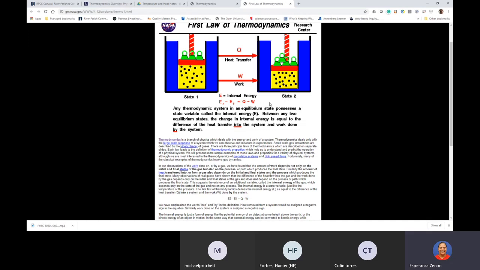You put in Q, you get out W. If they were the same, if all of the Q you put in got converted to W, then you would have a perfect system, meaning you wouldn't lose anything. You would have a 100% efficient system. The first law of thermodynamics says that doesn't exist. So Q minus W can never be zero.